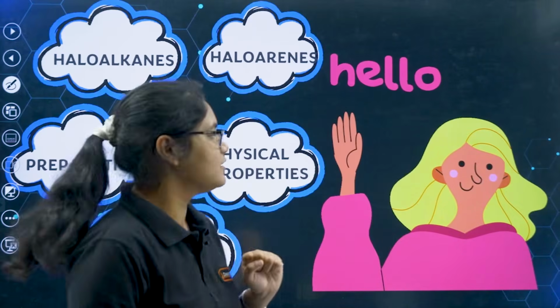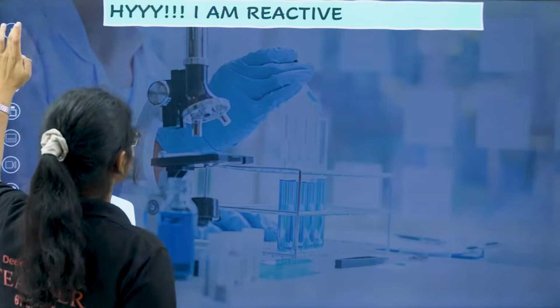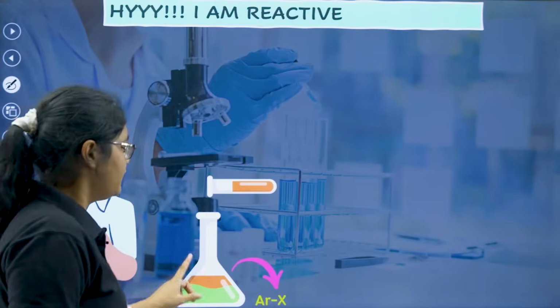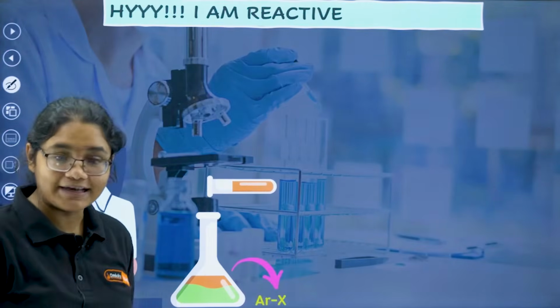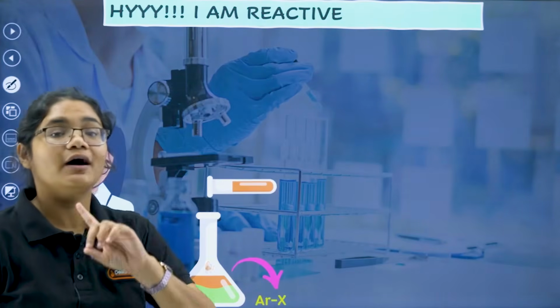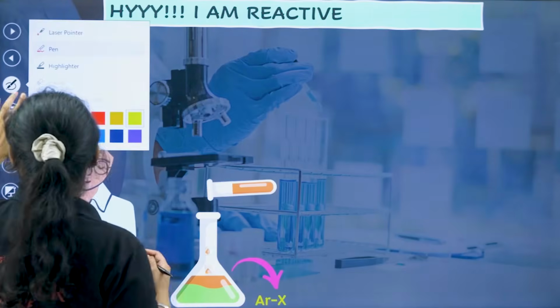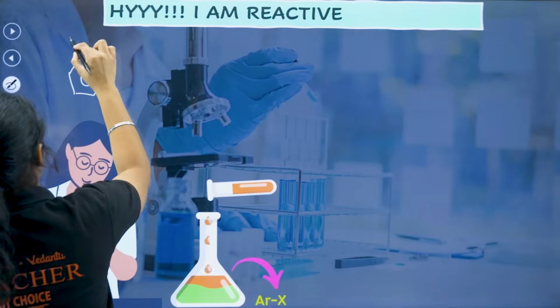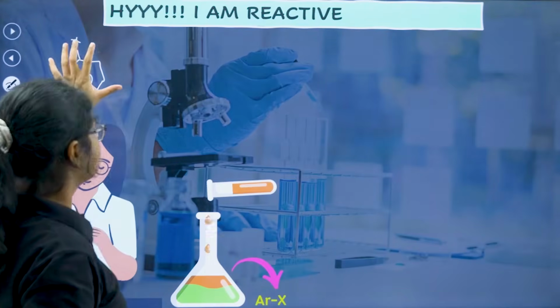So in today's part we will be talking about the reactions of haloarenes. Last time it was haloalkanes, and today we will be having the reactions of haloarenes. What is a haloarene? You remember what a haloarene is? When you have a benzene ring and you have an X group. So this is a haloarene.